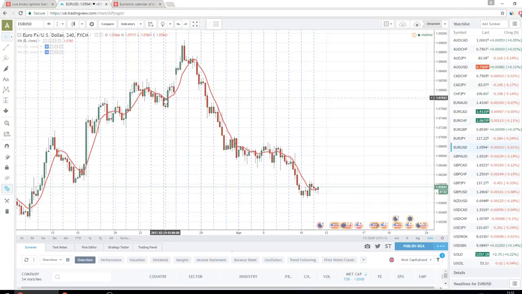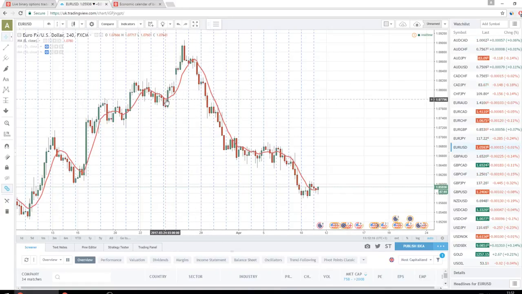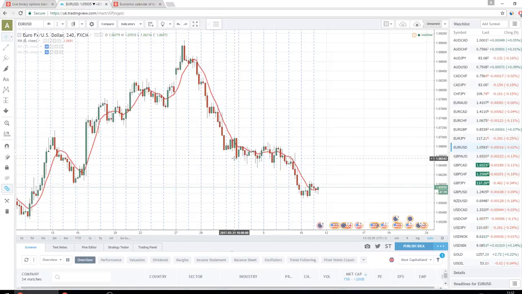If they are below, it means that the trend moves down. As simple as that. When the moving average crosses the candles, it means that the trend can change, and at that time we need to pay attention to the further events and changes of the market.